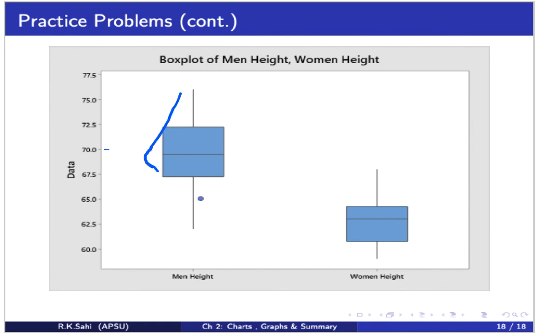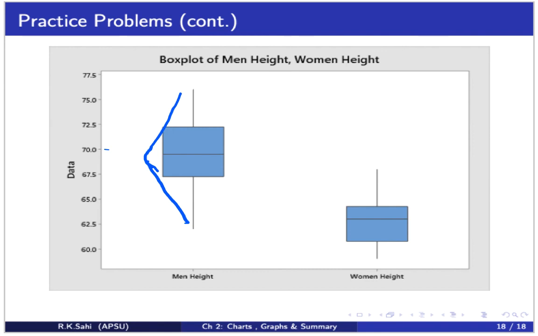It's not a good one, but it works for us. Now that is the best one. So roughly, I would say, it's a roughly symmetric one.